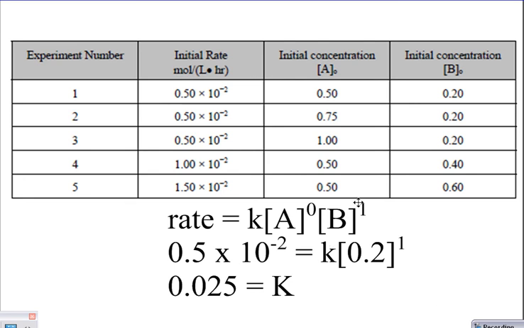Overall, this is a reaction order of 1, so this would be per hour molarity to the 1 minus 1, which is 0, so molarity to the 0, so we can outright ignore it. So this would be 0.025 per hour. I put the molarity there to show that 1 minus 1 would be 0. When we subtract 1 from the reaction order of 1, we end up with 0, so we can ignore that.